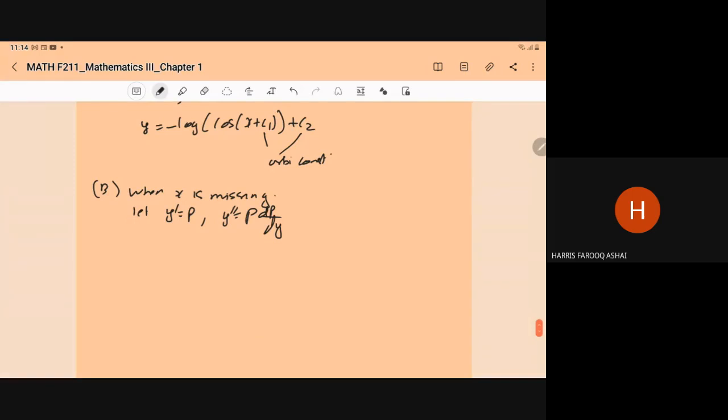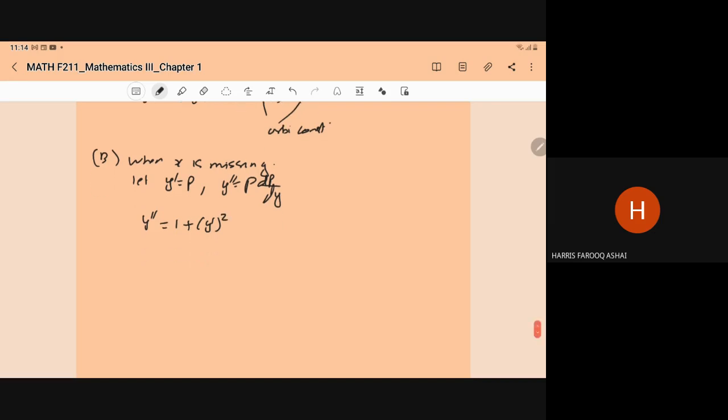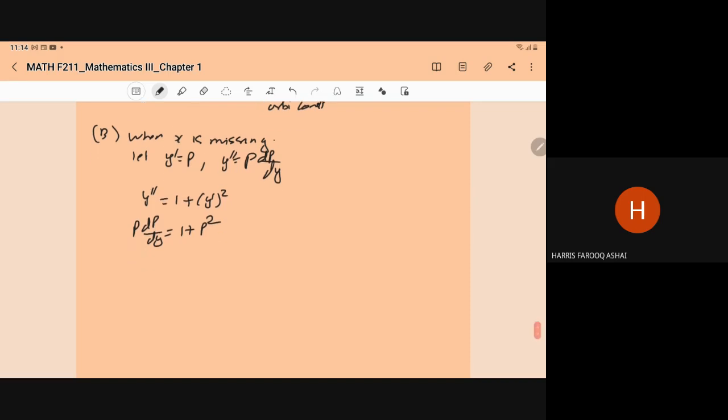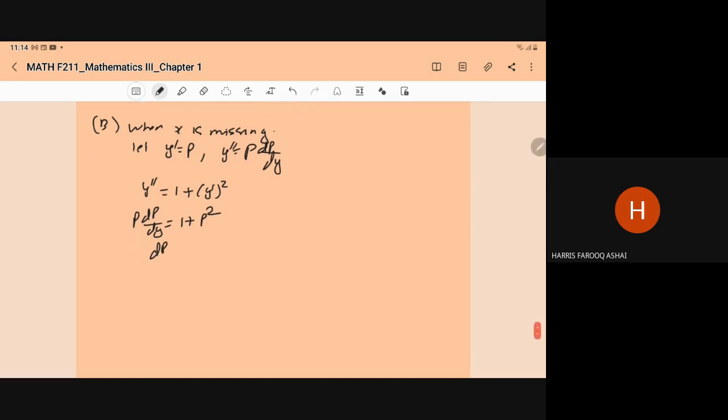So our equation y double dash is equal to 1 plus y dash square will reduce to p dp by dy is equal to 1 plus p square, and that can be written as, if you separate the variables, p dp upon 1 plus p square is equal to dy.